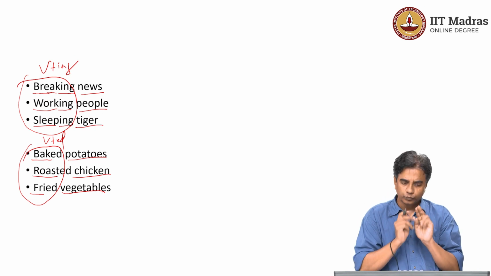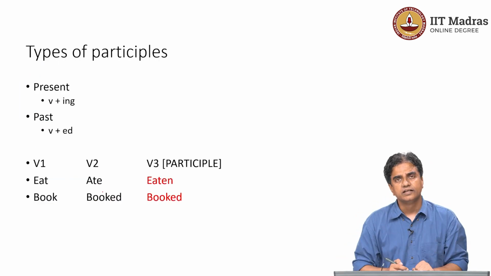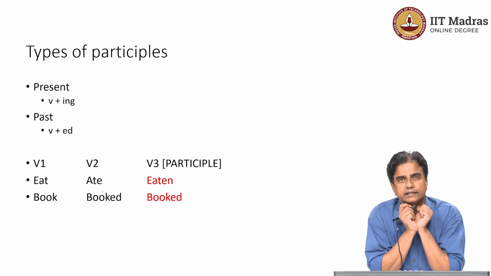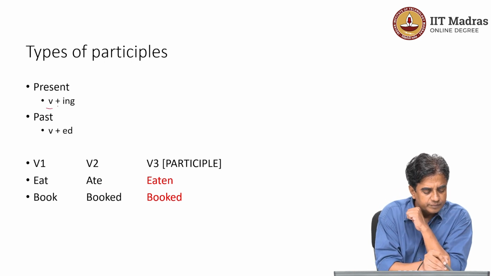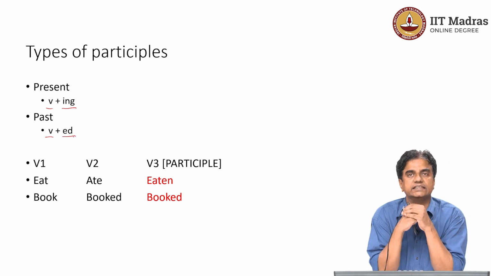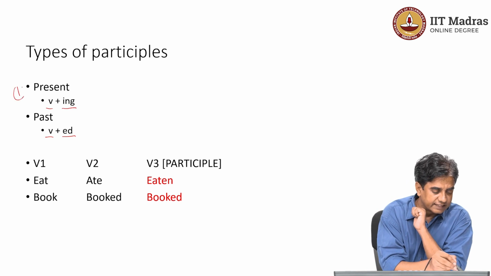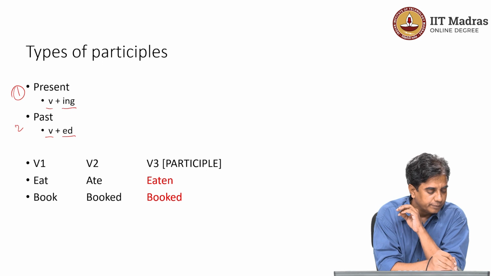So, we find in the total discussion so far that there are two types of participles in English. One is a participle with V plus -ing and the other is a participle with V plus -ed. Some people refer to the first as present participle and the second as past participle.